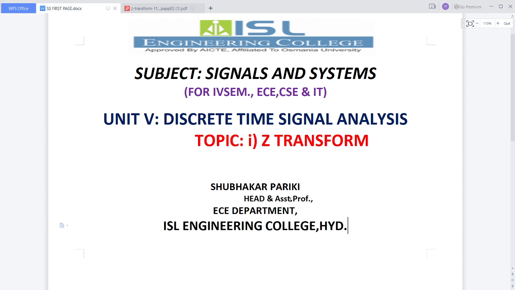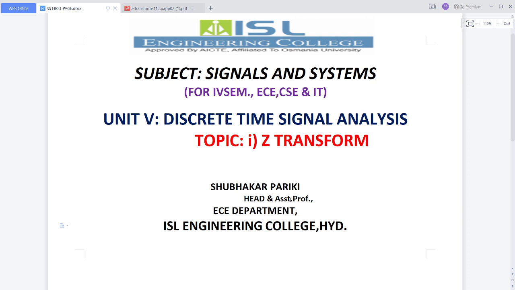The solution of those difference equations is quite tedious and time consuming, so usually they can be solved by an indirect method. Here we are using one particular indirect method to solve that difference equation. The difference equation is nothing but the response of a linear time invariant discrete time system.